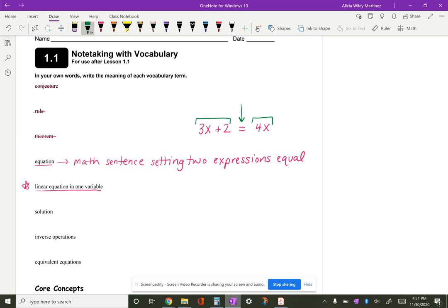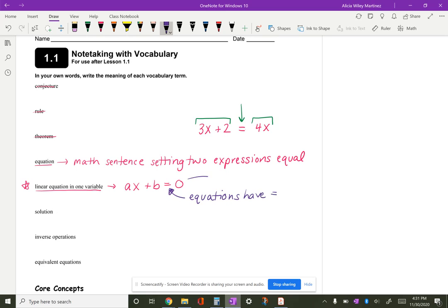A linear equation in one variable is going to be something in the form of ax plus b equals 0. We will see in later chapters that it will be set equal to something like y when we get into graphing. Remember that equations have an equal sign.